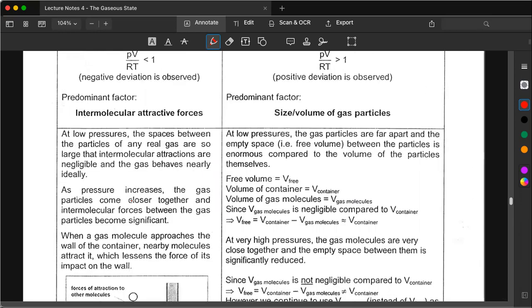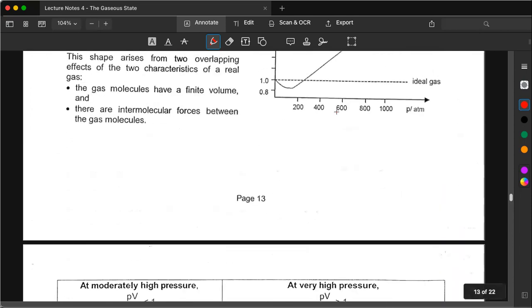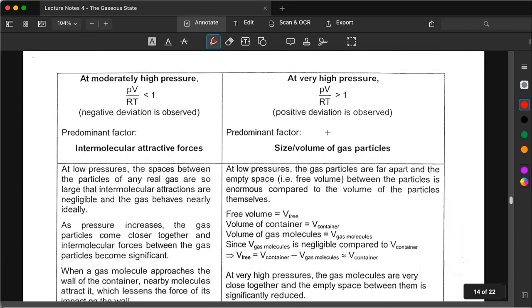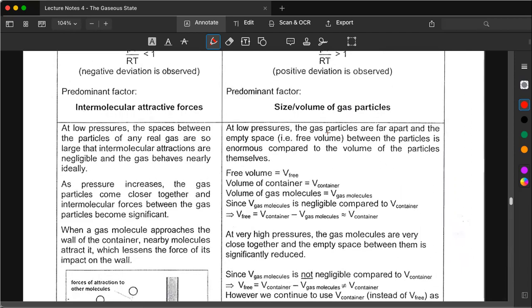But when you have very high pressure, you will see a positive deviation. And the predominant factor will be the size or the volume of the gas particles. At low pressure, the gas particles are far apart and the empty space between the particles is enormous compared to the volume of the particles themselves.